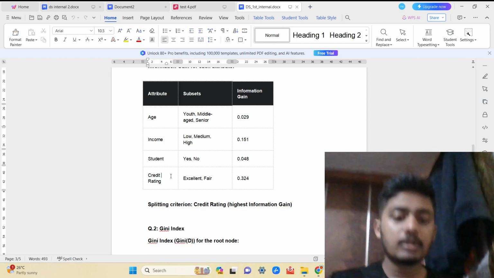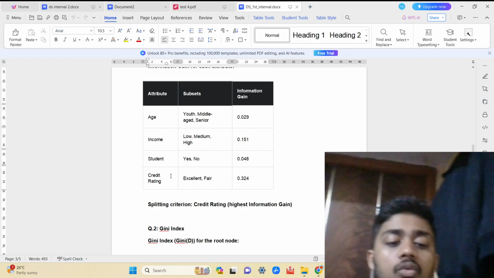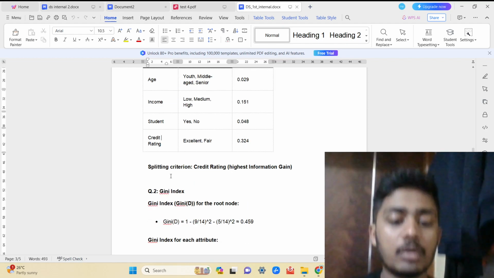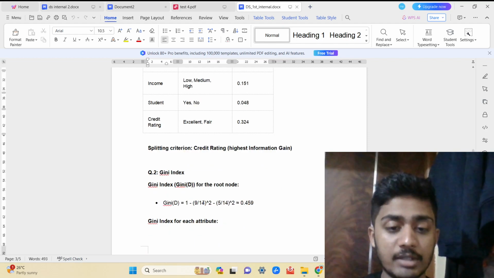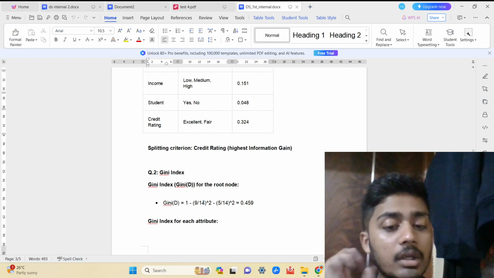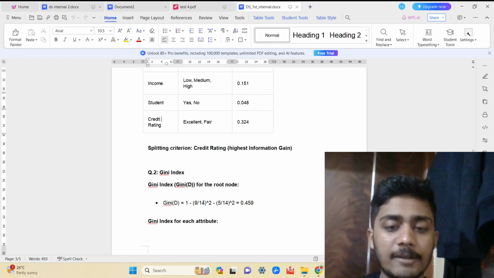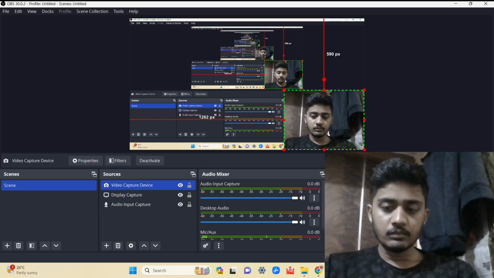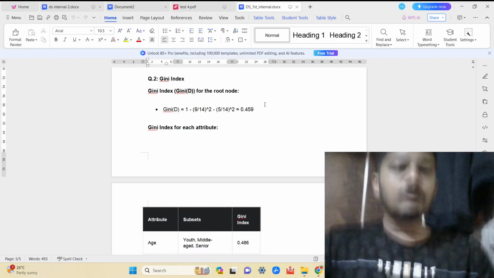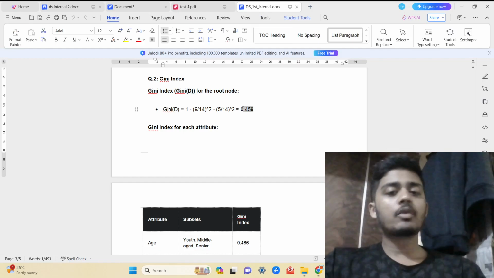Similarly, we will find this through the Gini index. For the Gini index, the formula is 1 minus the probability of yes squared minus the probability of no squared. Here we find the Gini index for the root node, which comes out to be 0.459.